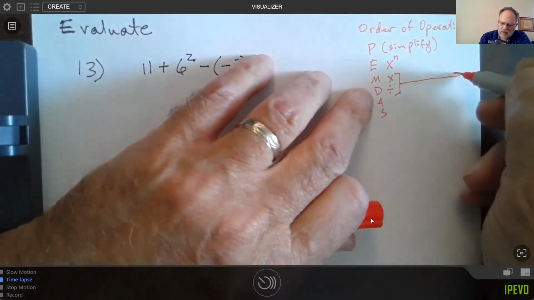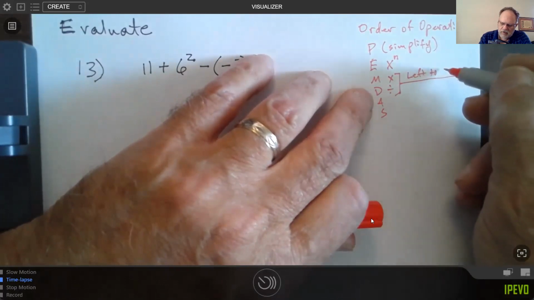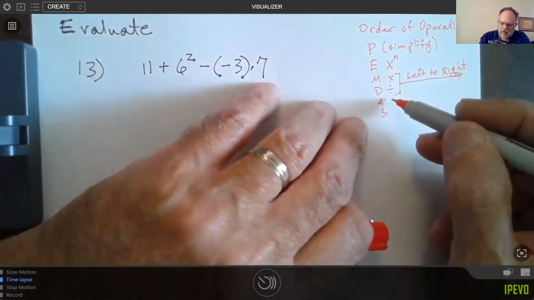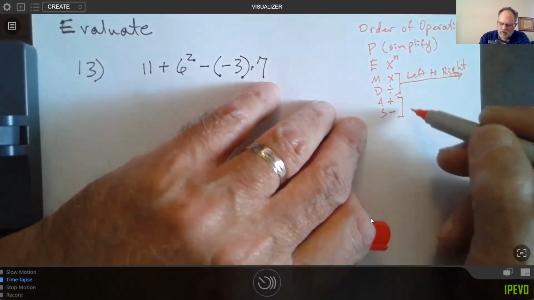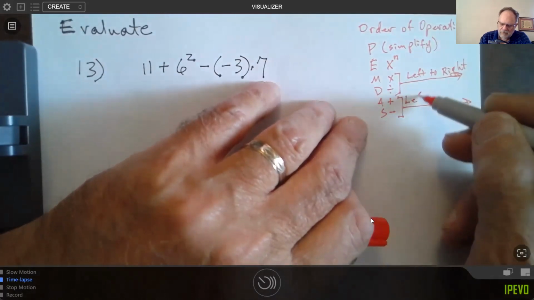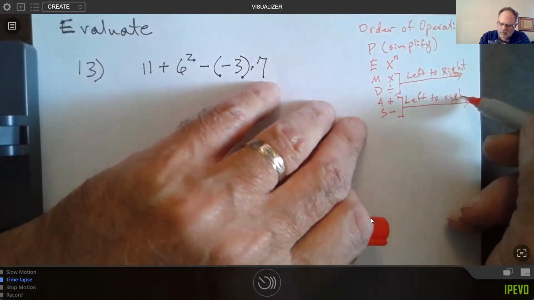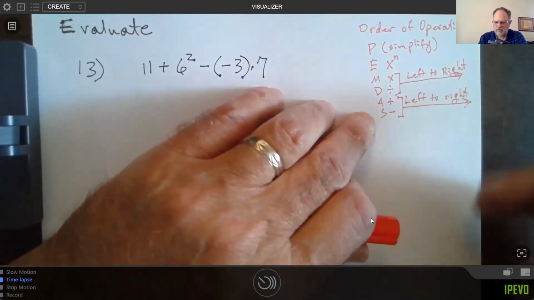You have to look at them from left to right. And then addition and subtraction, again, we look at from left to right. We don't see addition as higher than subtraction either.